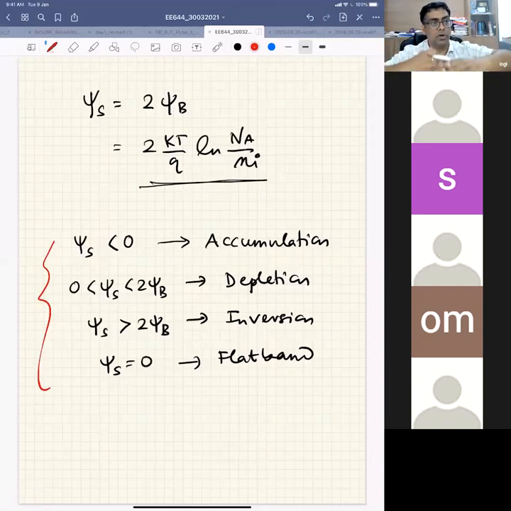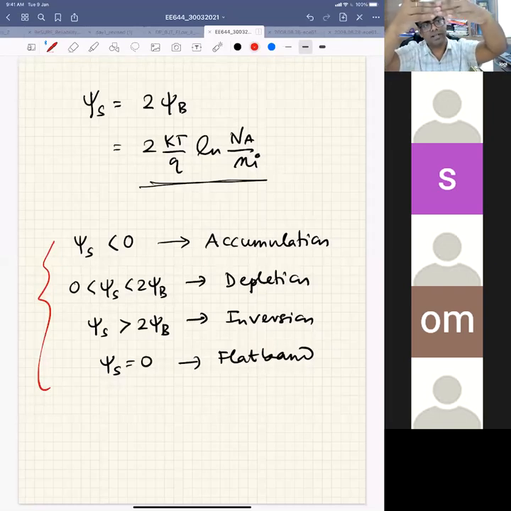If you go to more than 2 psi b, it is inversion, and then you go to strong inversion. Strong inversion means the number of electrons at the surface is much higher than the initial doping of the substrate. Okay, so let's see.